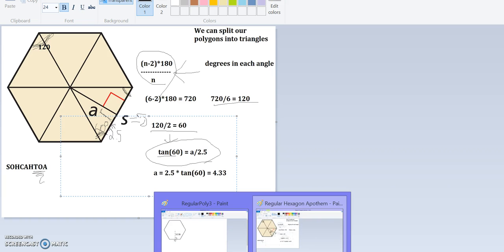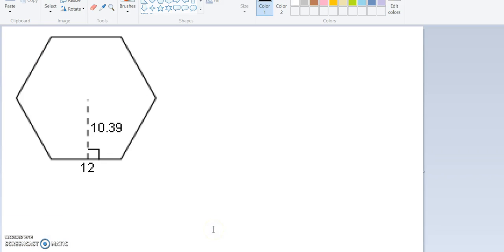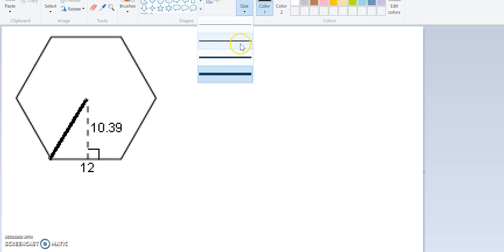So I'm going to do another quick example. I'm going to justify why the apothem should be this. So first, let's go ahead and break out all of our triangles.